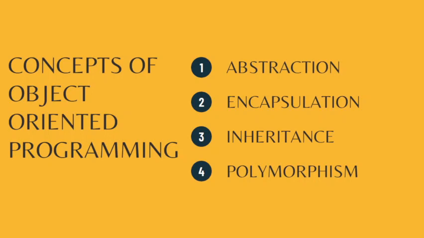This one is a concept that makes things be, let's say, related to a particular class. So if a class or an object has a particular property, that property is encapsulated by that particular object, which means no other object can have that set of properties.